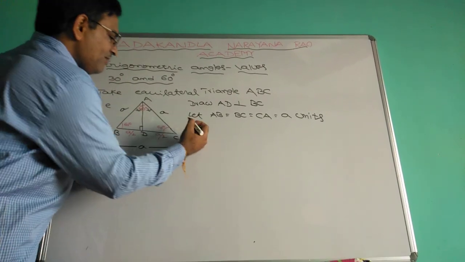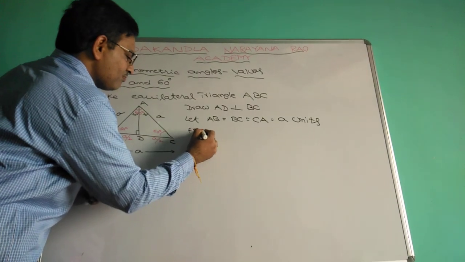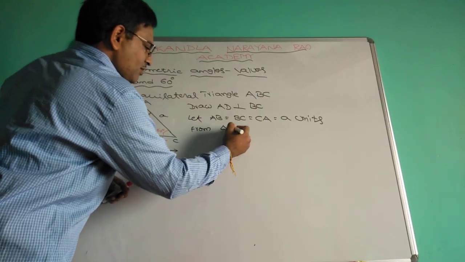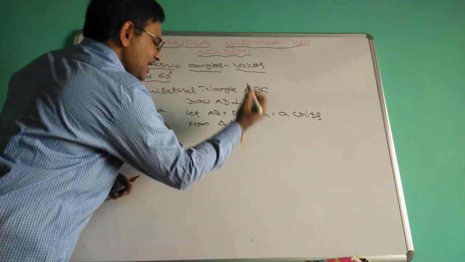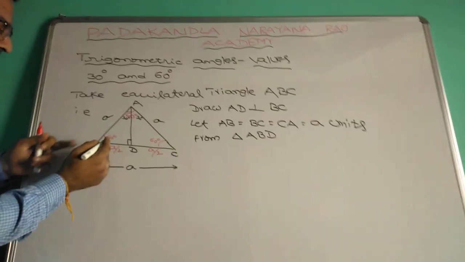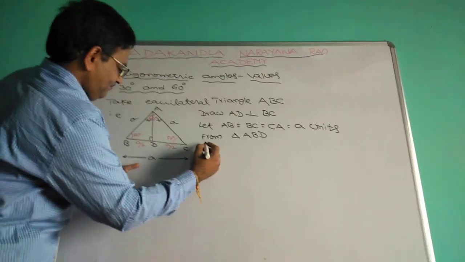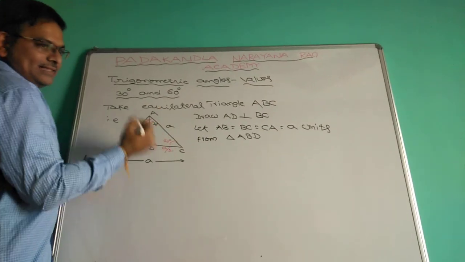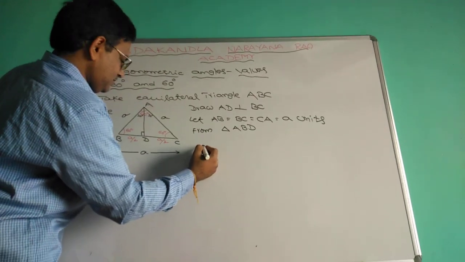Now, from triangle ABD, you find out the AD length. How to find out?